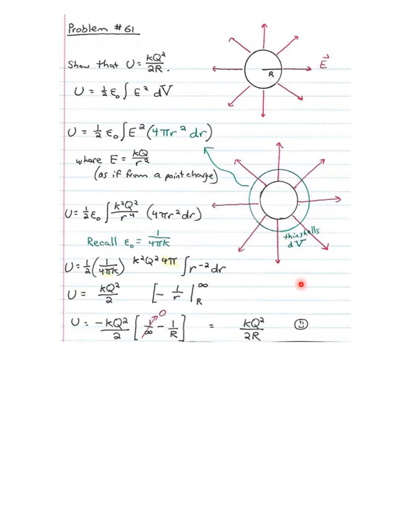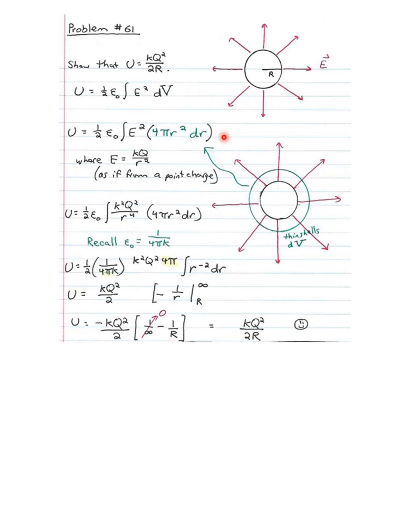And I'm not talking about the volume that's contained in the shell. It's a thin shell, but it has some little tiny thickness to it. And what's its volume? Well, it is the surface area of the shell times its little tiny thickness. So the surface area is 4 pi r squared times its thickness, which is dr. It's very thin.